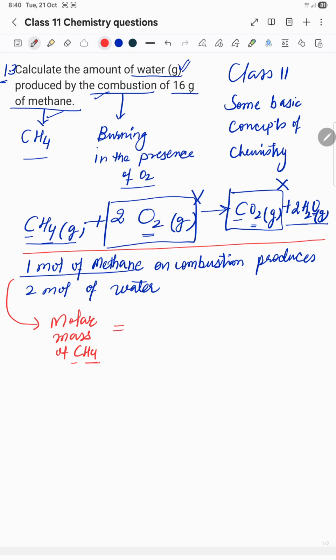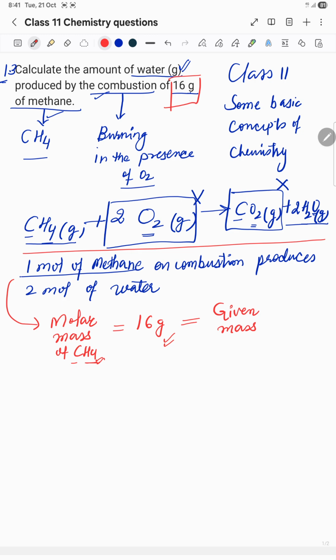Carbon is 12 gram and 1 hydrogen atom is 1 gram, but there are 4 hydrogens, so the total mass of 4 hydrogens will be 4 gram. So 12 plus 4 is equal to 16 grams. So this is the molar mass of methane. The molar mass of methane is equal to the given mass, which is given in the question.